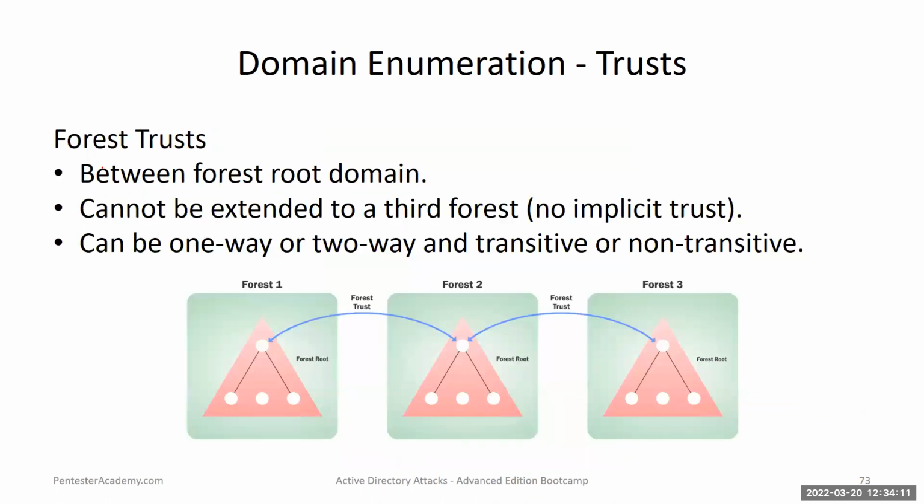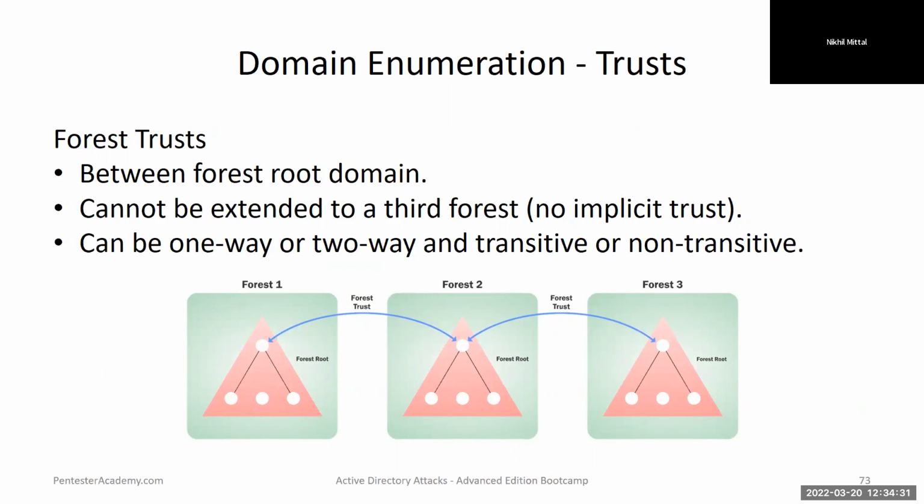Finally, there is forest trust, that is between forest root domains. It cannot be extended to a third forest, that is if forest 1 and 2 has bidirectional trust relationship, and forest 2 and 3 have bidirectional trust relationship, that does not mean that forest 1 and 3 would also have bidirectional trust relationships.